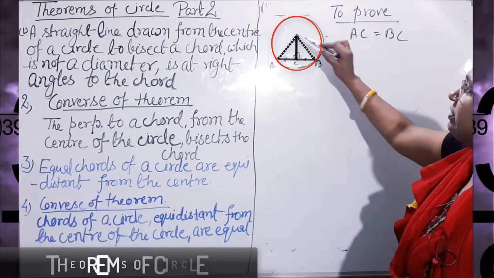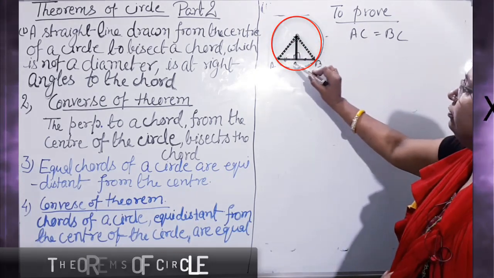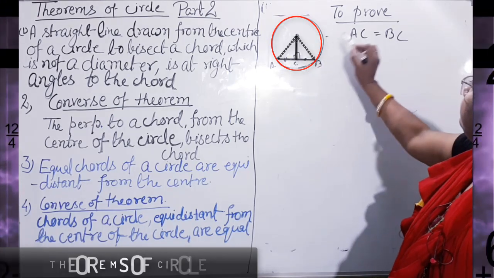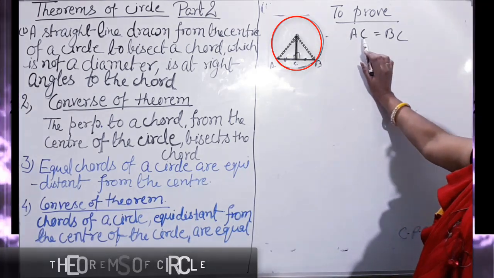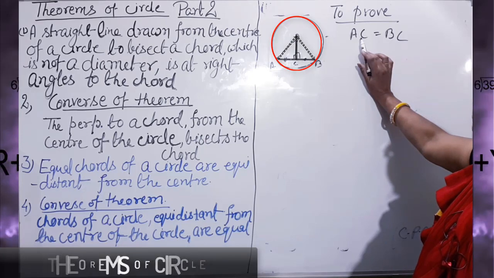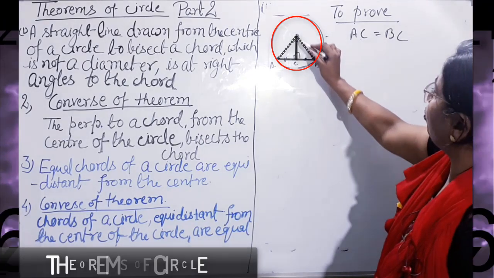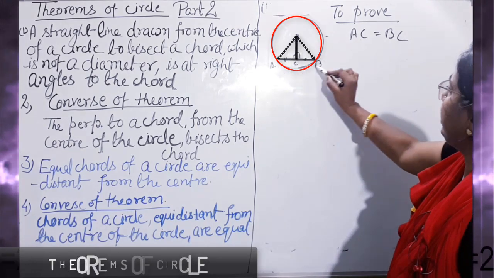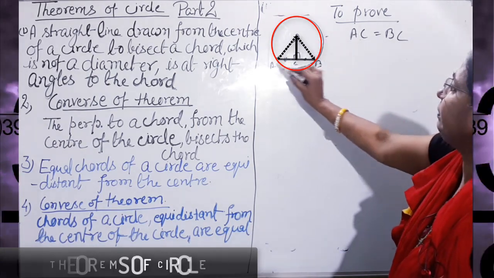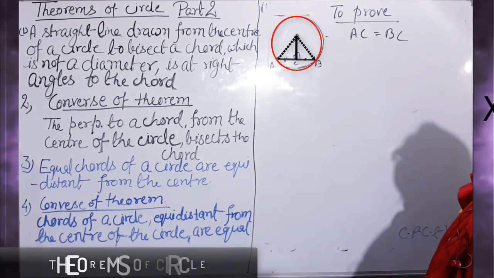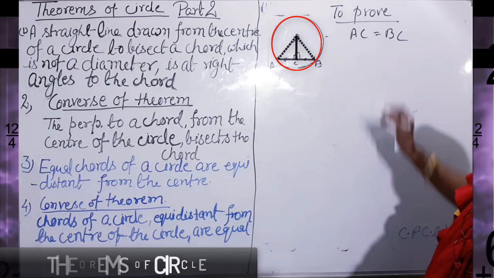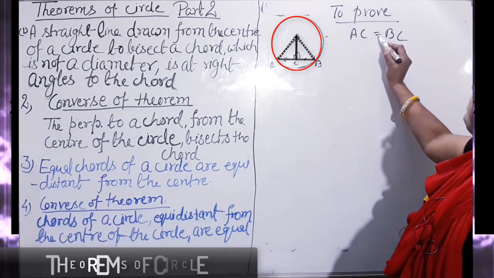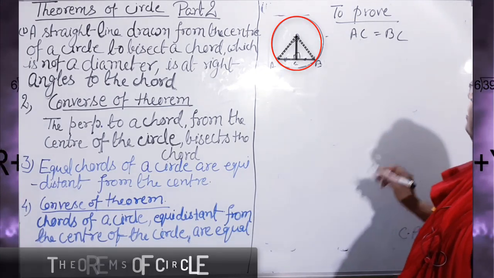It is given that OC is perpendicular to AB. We have to prove AC is equal to BC.